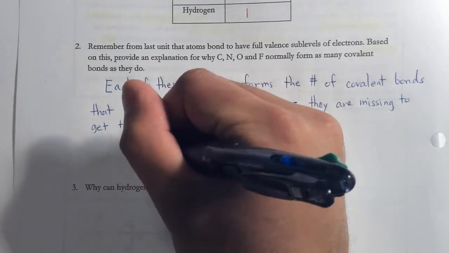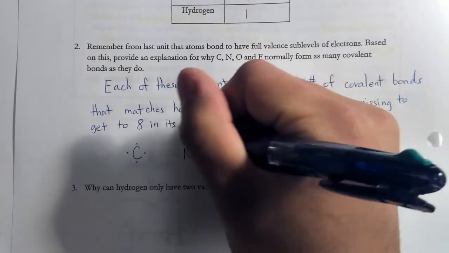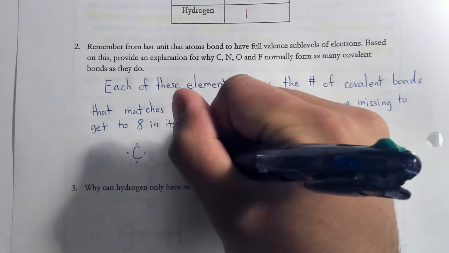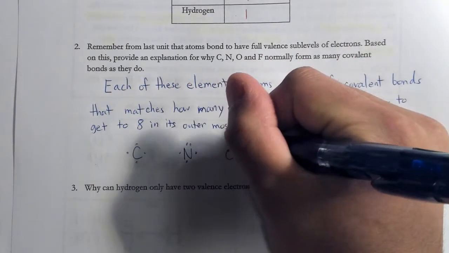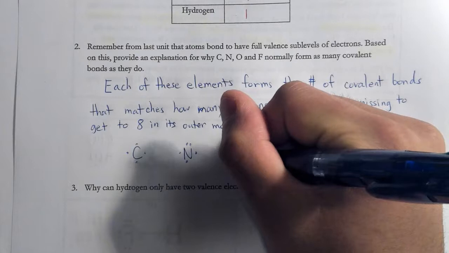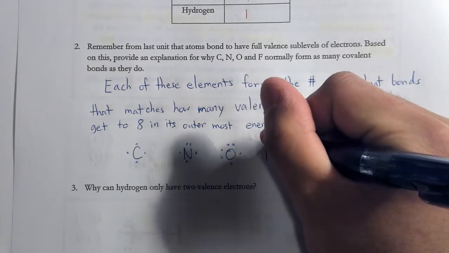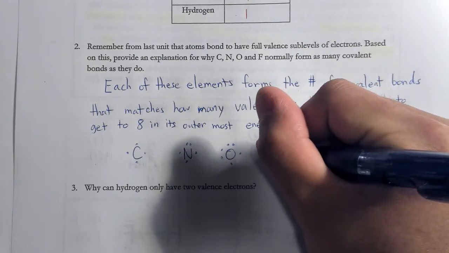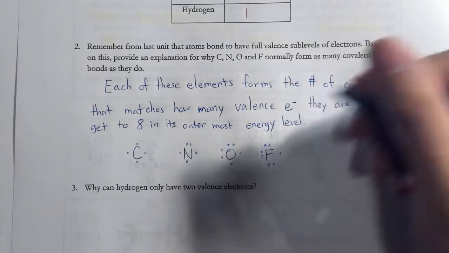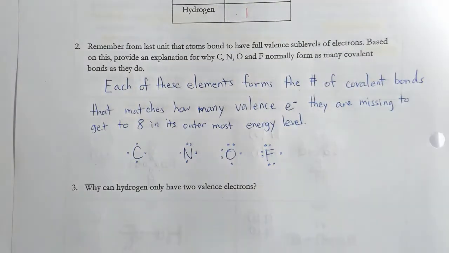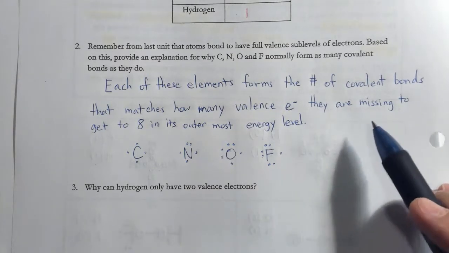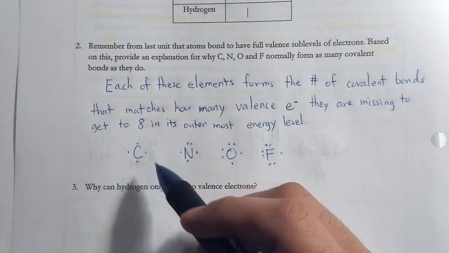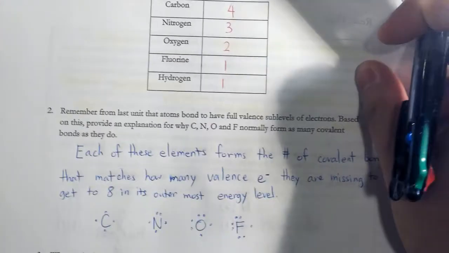So C has 4, N has 5, O has 6, fluorine has 7. It's just saying that they want to try to connect these elements with a covalent bond. So carbon, we already know the information.